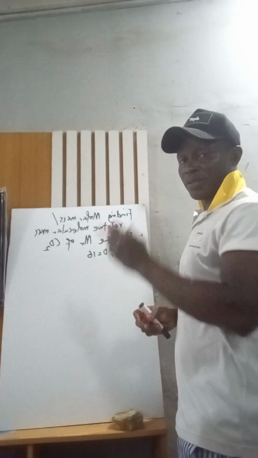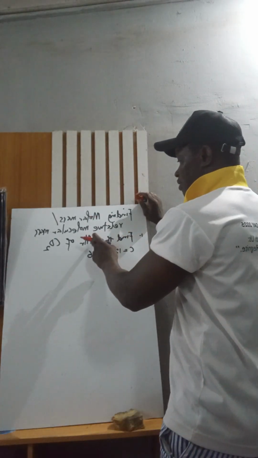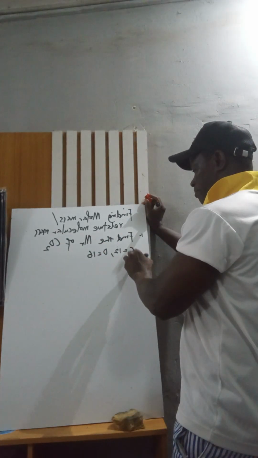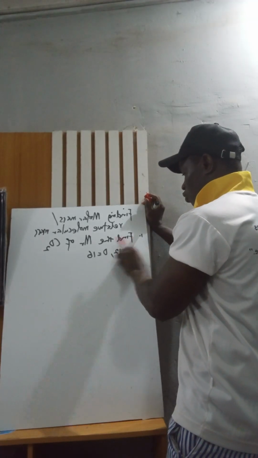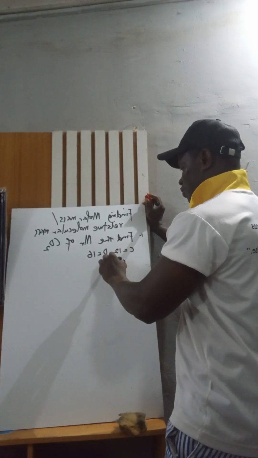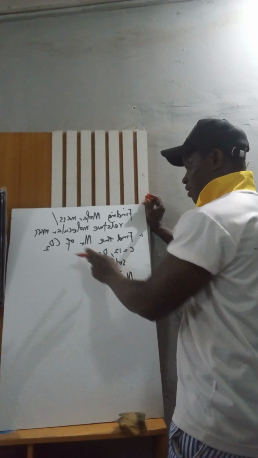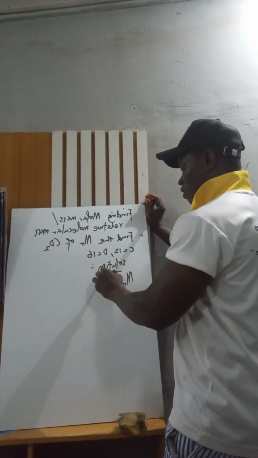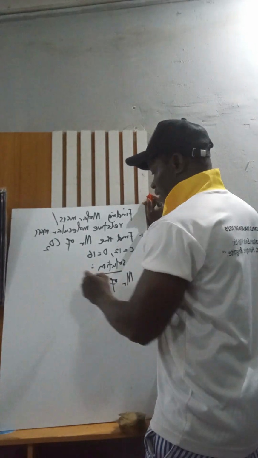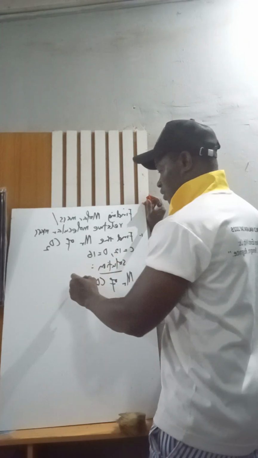So, find the relative molecular mass of carbon dioxide. Solution: MR, the relative molecular mass of carbon dioxide, is the sum of all the relative atomic masses. What is carbon? Carbon is 12.